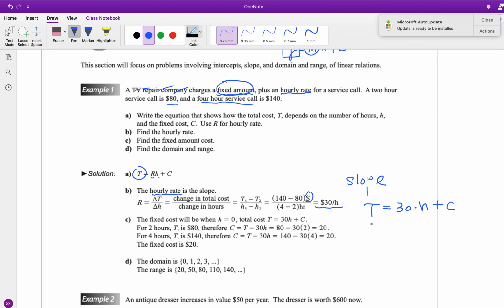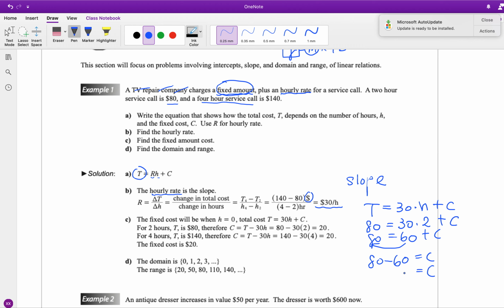The 2-hour charge ended up at 80, and that is 30 multiplied by 2 because 2 hours, plus C. So this is 60 here, this is 80 here, plus C. Move the 60 over here, it becomes 80 subtract 60 equals C.